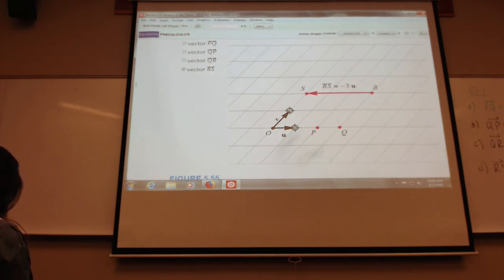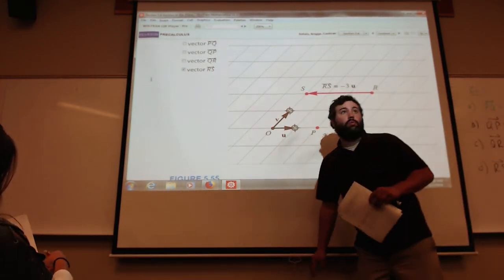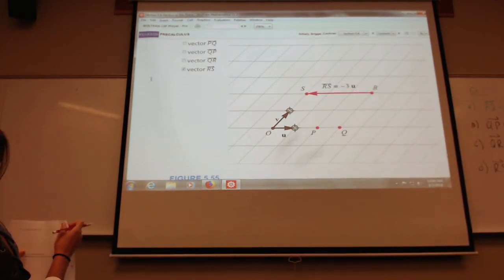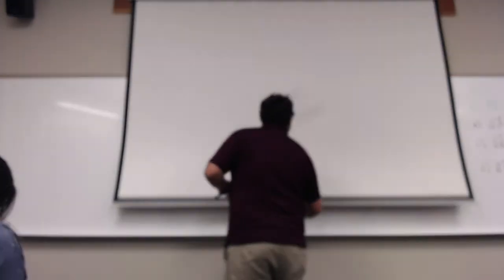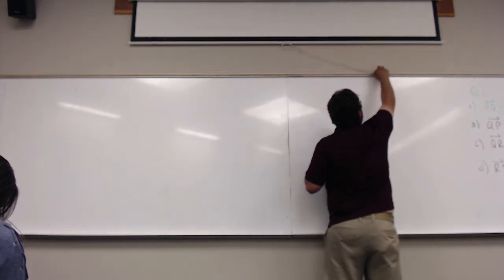Now we're going to do vector addition and subtraction. I think I'm going to need the board again for this part, so bear with me. There are going to be two ways to add vectors.